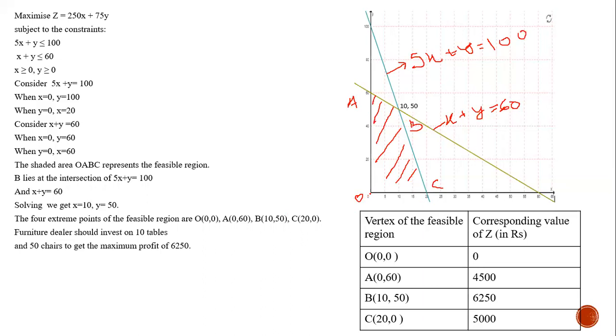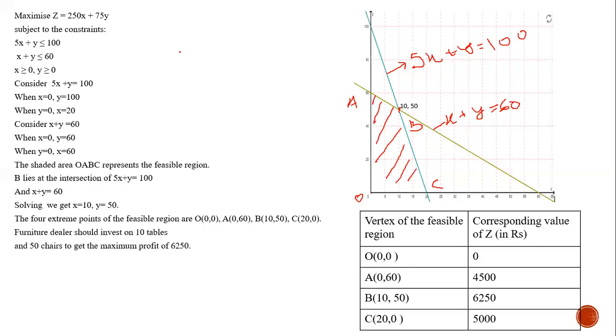So this is 0, 0. This corner O represents the position 0, 0, and A represents the position 0, 60, and C represents the position 20, 0. But what about B? If you're drawing on a graph sheet, you can find the coordinates of B directly.